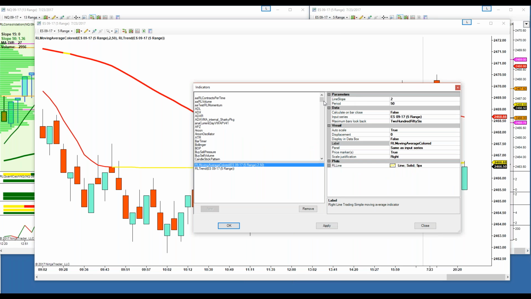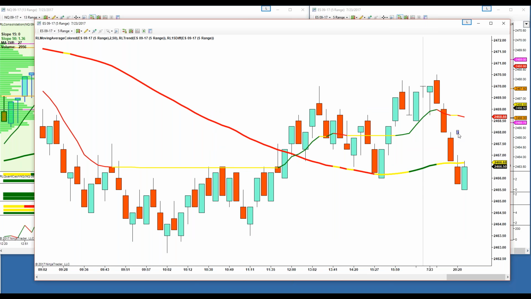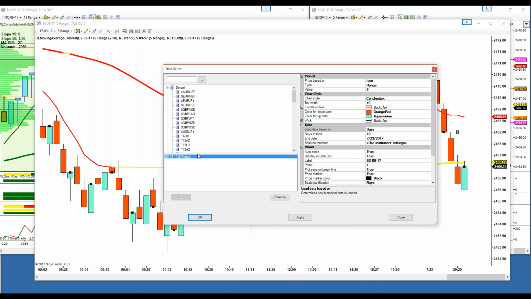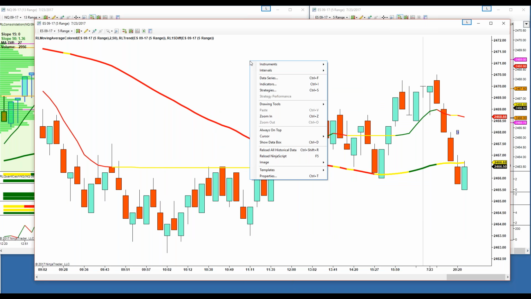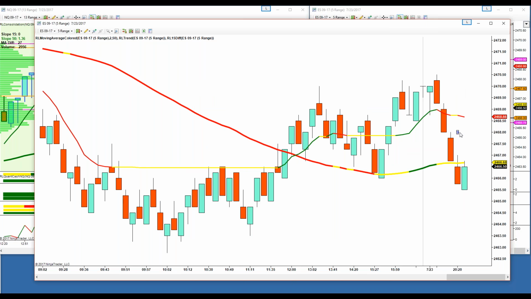Now we're going to add the RL15 diff. What this tells us, the RL15 diff gives us the distance of the candle open from the modified 15.